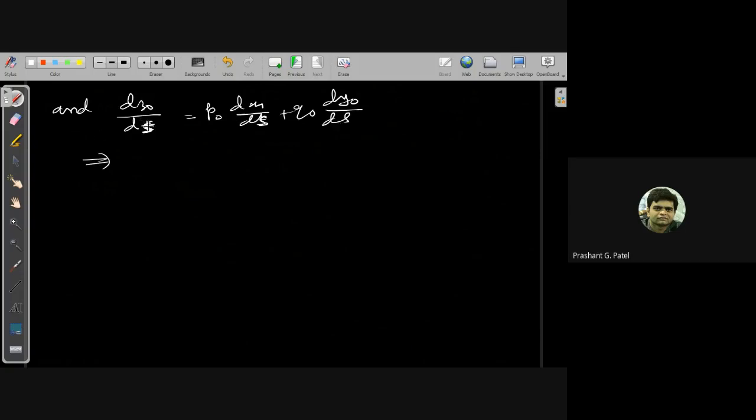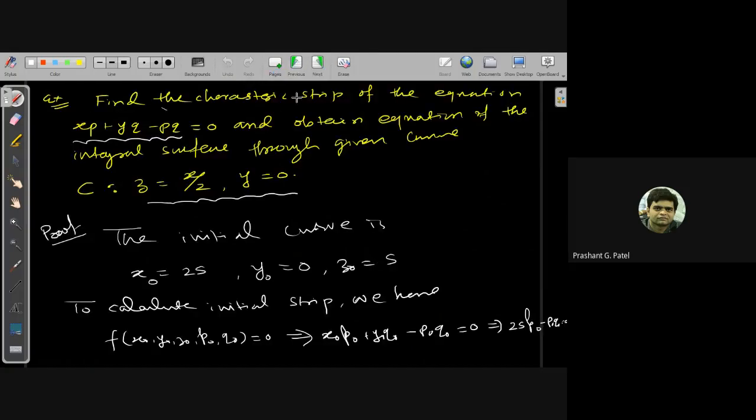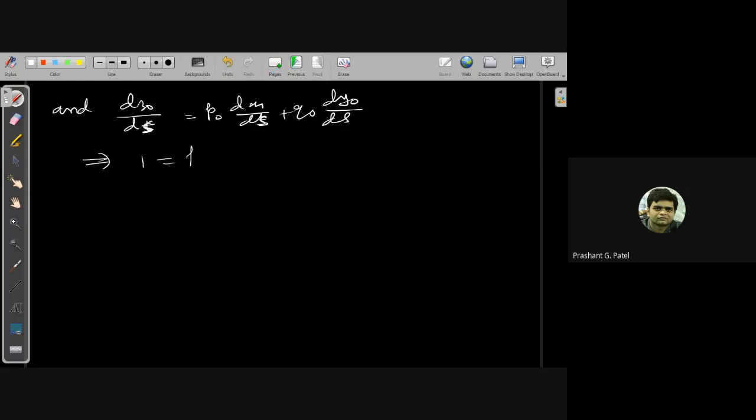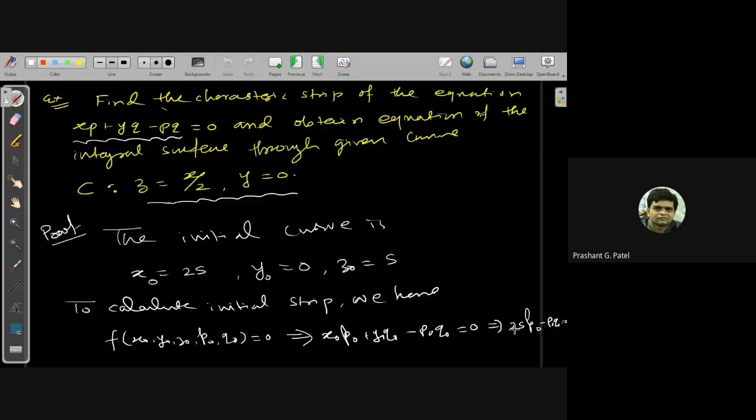So this implies the derivative of z0 with respect to s gives me 1 equal to p0 into dx0 by ds, which is 2 because it is 2s, plus q0 into dy0 by ds, which is 0. That gives me p0 is 1 by 2. So you have another equation, the value of p0 you got from this equation.